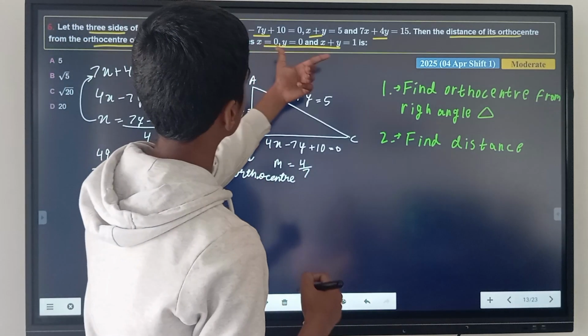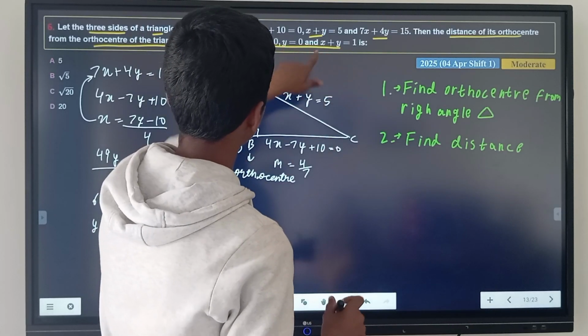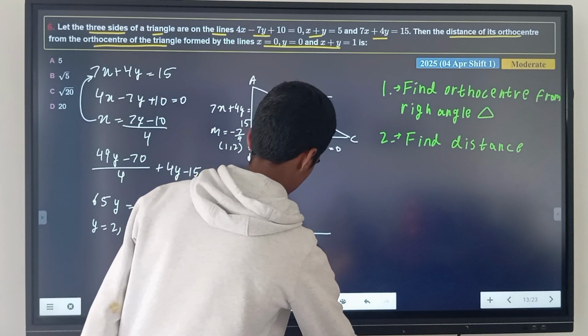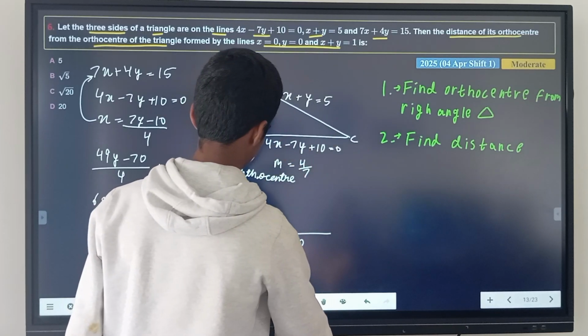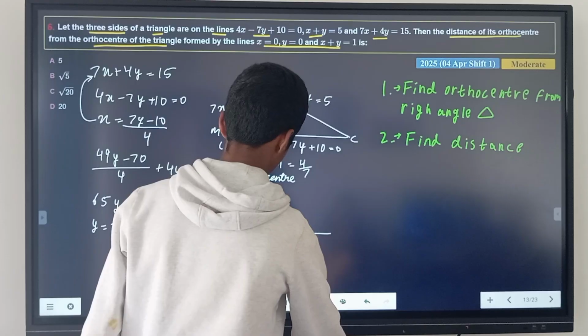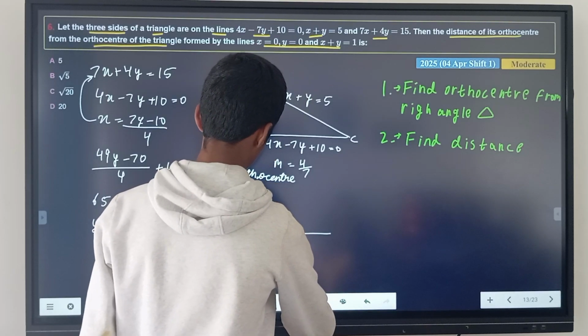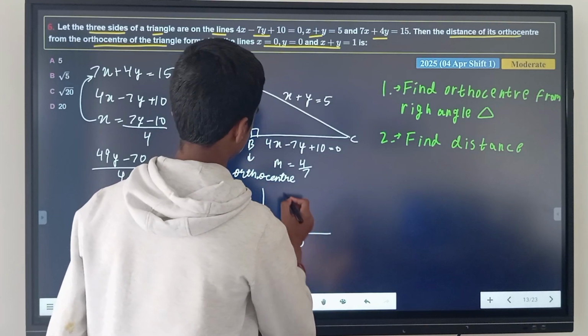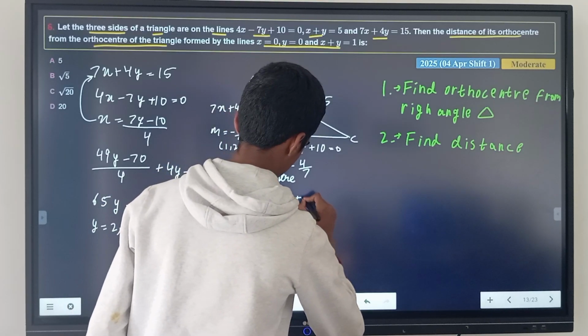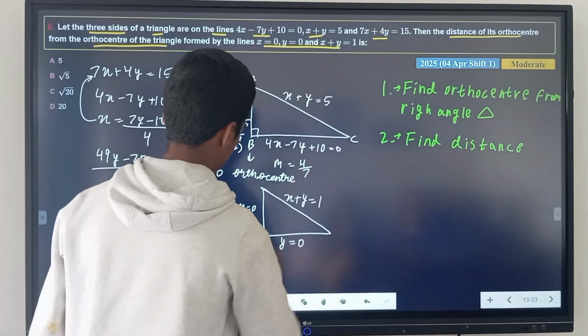And same for the next triangle. Next triangle is also a right angle triangle because this is y is equal to 0 or x-axis, and here we have x is equal to 0 or y-axis, and here we have x plus y is equal to 1.